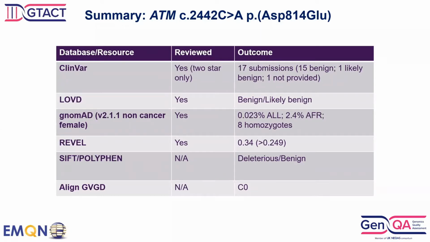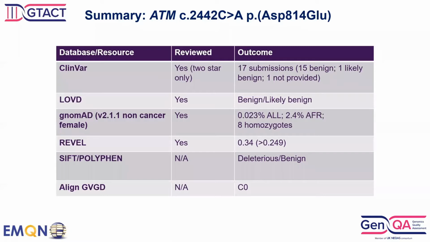It is present in gnomAD, and we chose here the non-cancer female version 2.1.1 database, where it is present in 0.02% in all individuals, and specifically 2.4% in the African Americans. It also contains 8 homozygotes for this variant.